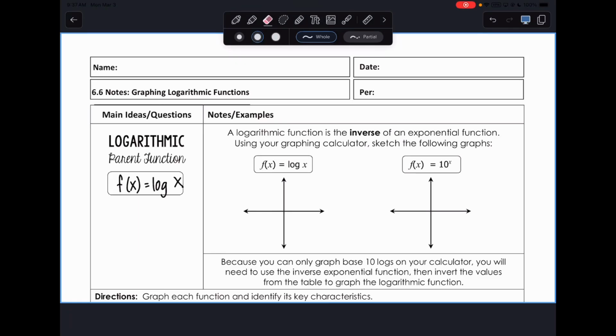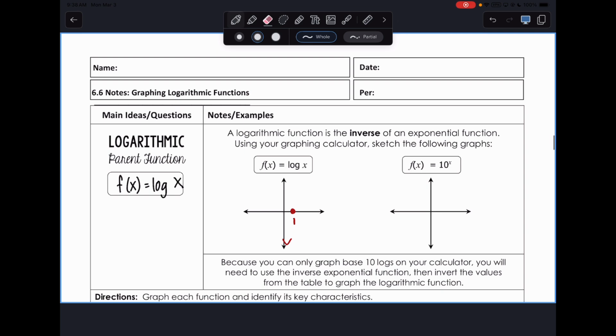Logarithmic parent function is f of x equals log of x. The graph has an x-intercept at 1.